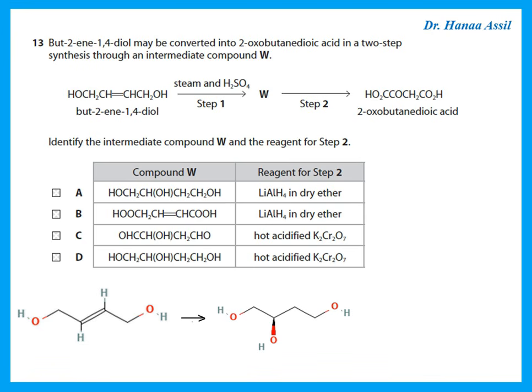Then step 2, what is he doing in step 2? He is oxidizing all 3 alcohols. The ones at the end will form acid and the one in the middle will form a ketone. What is our reagent for oxidation? Hot acidified potassium dichromate.